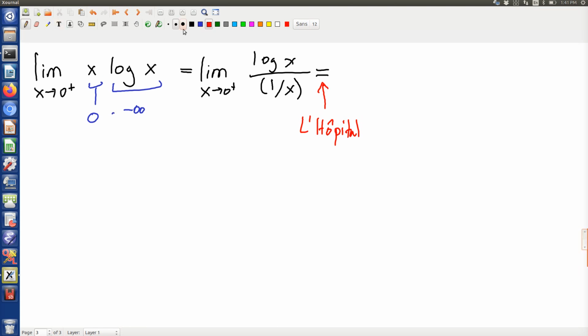Actually works this time. Let me take a derivative of the numerator. The derivative of logarithm is 1 over x. The derivative of the denominator is minus 1 over x squared. Oh, but now there's just polynomials in sight. This is something we can actually handle.